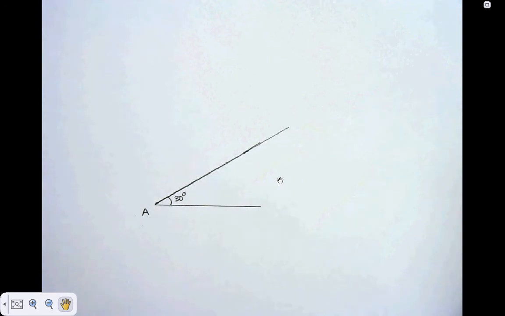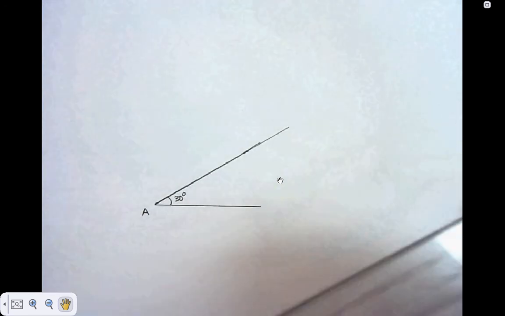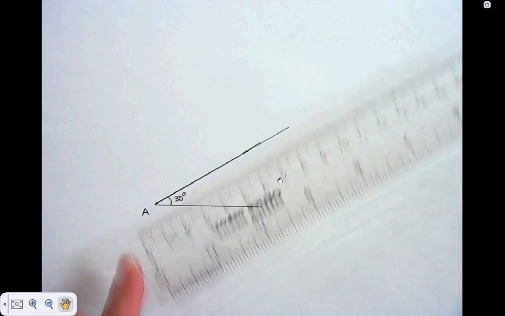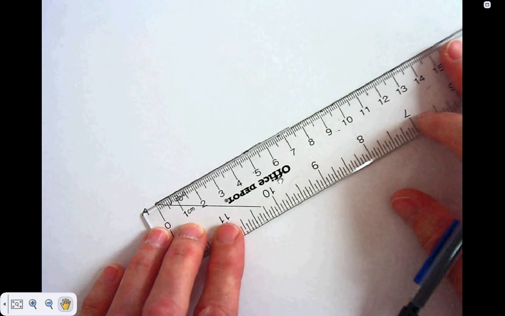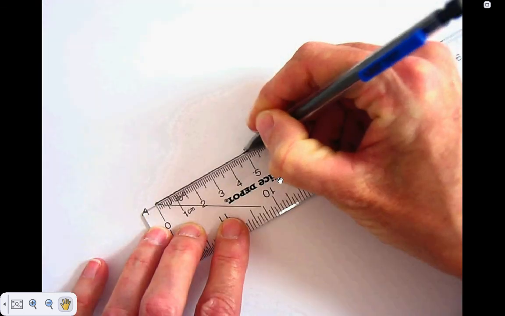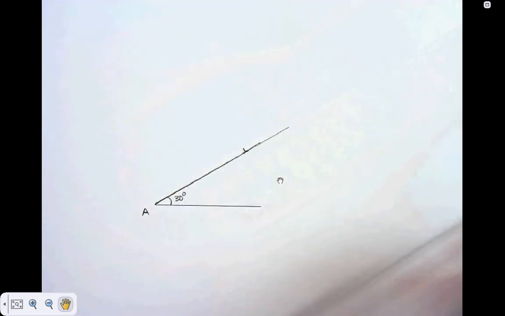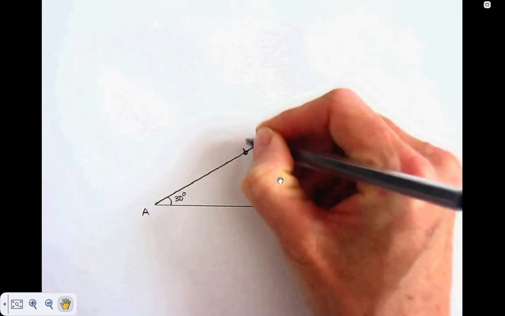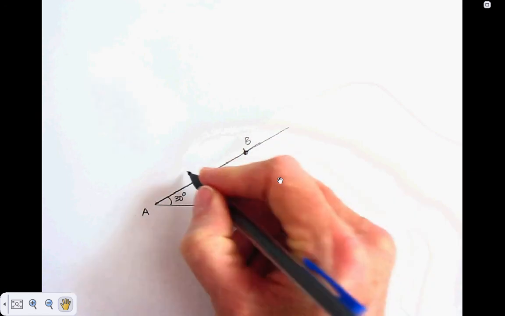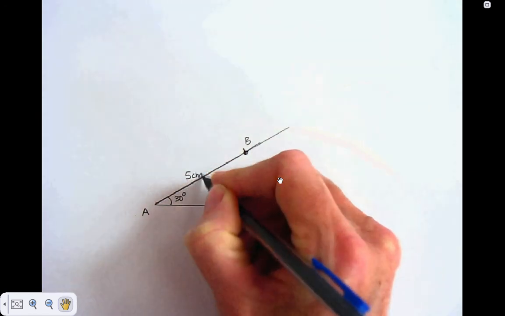We also need to mark that this line segment for part B is going to be 5 centimeters. So let's go ahead and mark 5 centimeters, which is right here. So this point right here is going to be point B, and this line segment is 5 centimeters.